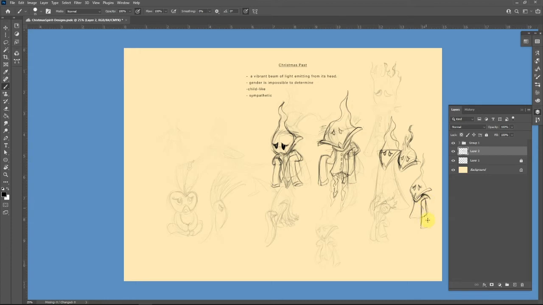Yeah, I was trying to figure out how I wanted to play with the flame head at this point. I was thinking the collar was like a brass candle holder or something. Again, it just didn't feel quite right. Getting there though, I did like how the clothes were turning out.